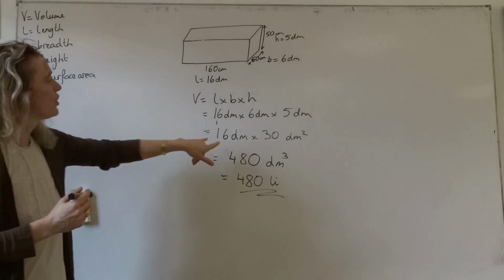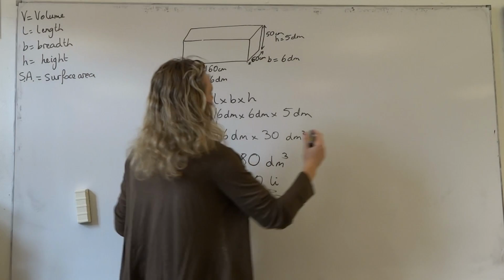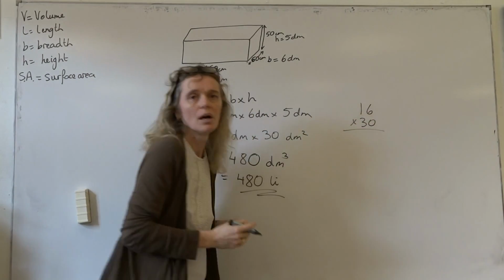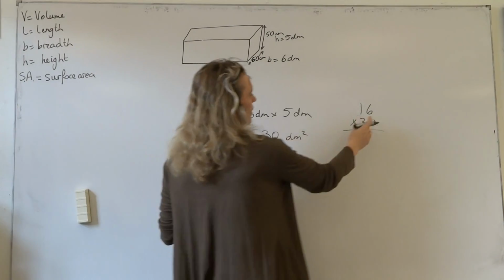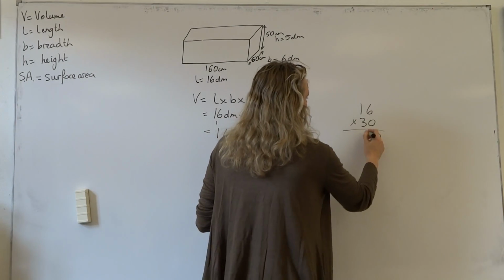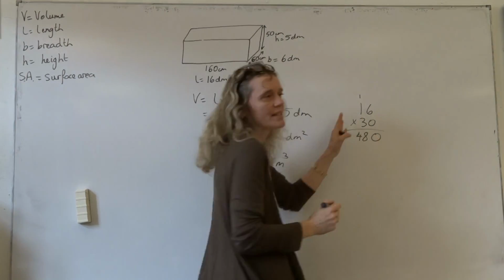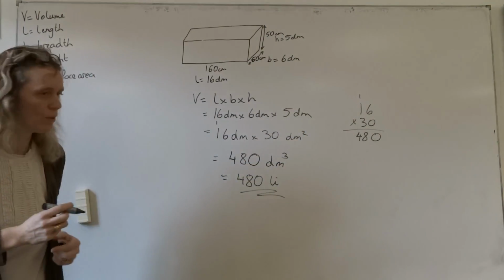If you're not familiar with doing it like that, of course, don't worry. Just do your long multiplication like that, where we're moving 1 step to the left. 6 threes are 18. 3 ones are 3 plus 1, 4. So you get the same answer if you do it like that or using my method.